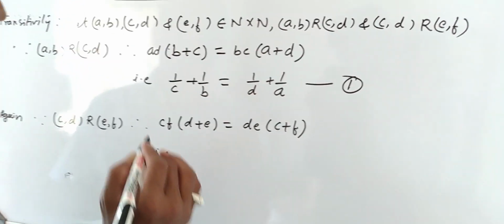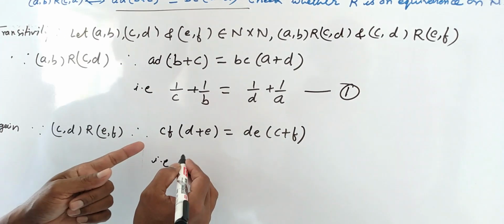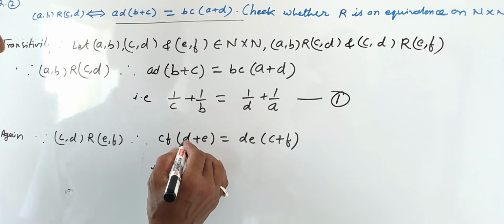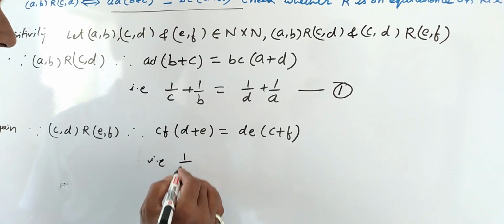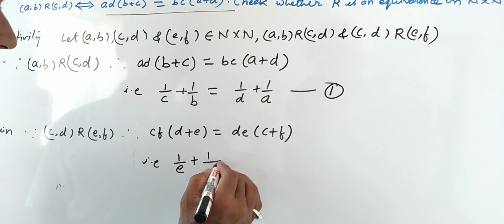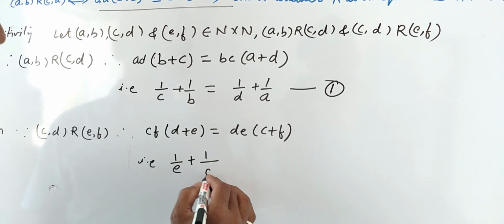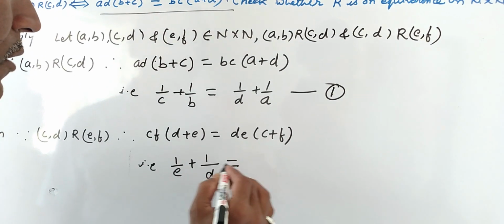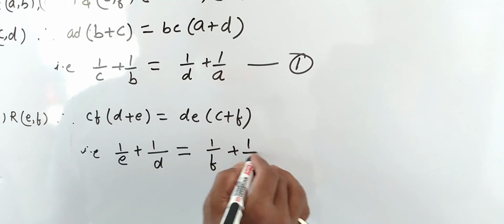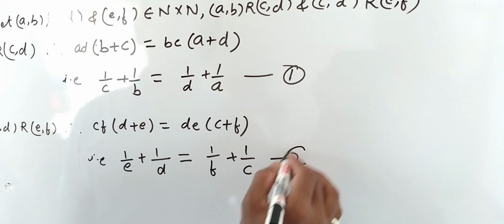Again, you divide the left side by de and the right side by cf. You will get the result 1/e + 1/d = 1/f + 1/c. This is second.